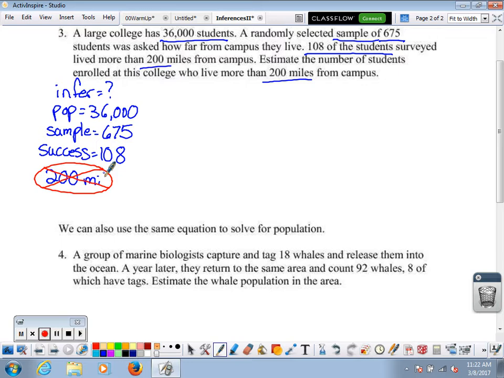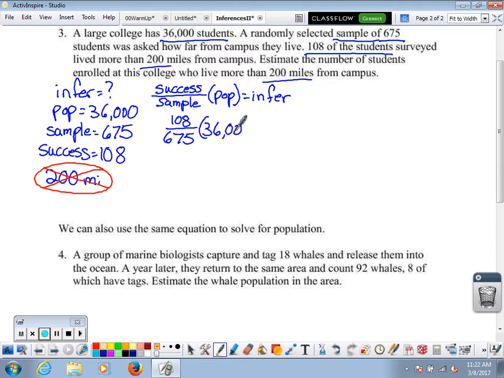So let's build our equation. We want to do successes divided by the sample size, and multiply that by the population, and that will give us our inference. Our success was 108 over our sample size of 675, and our population is 36,000.